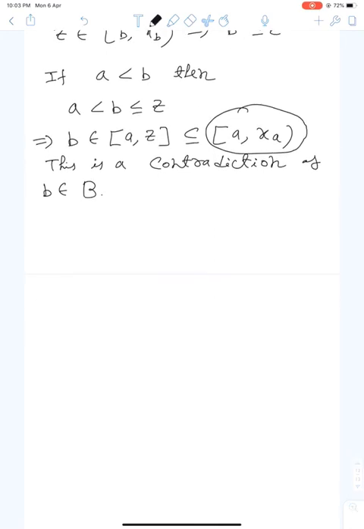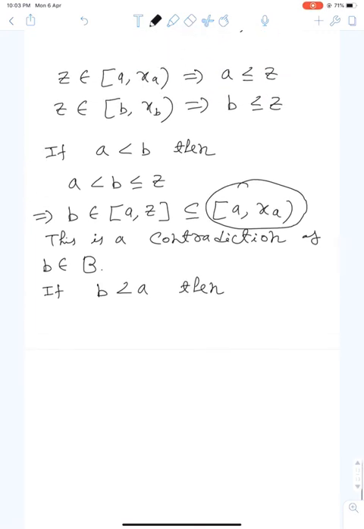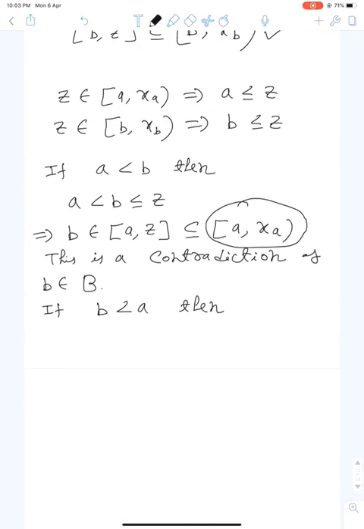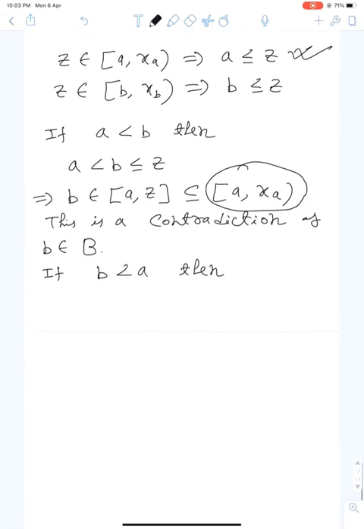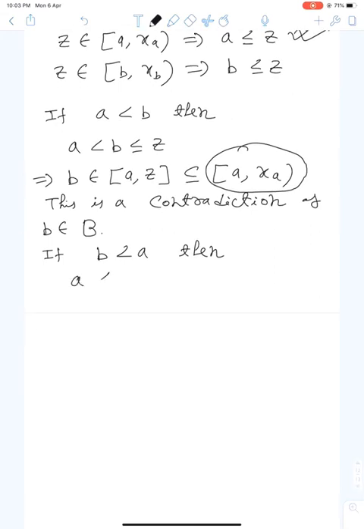Now what is the other case? Now if b is less than a, then we use this one: a less than or equal to z, so b less than a less than or equal to z.